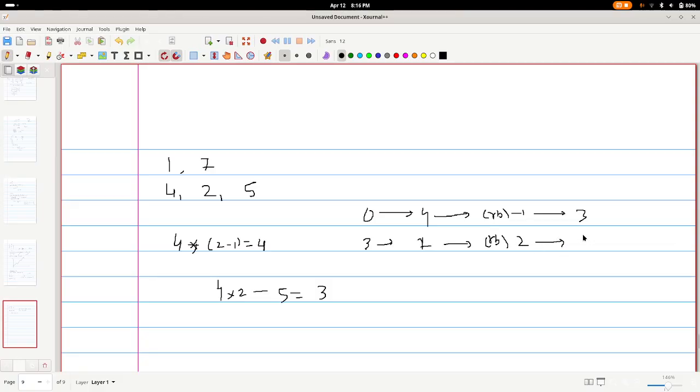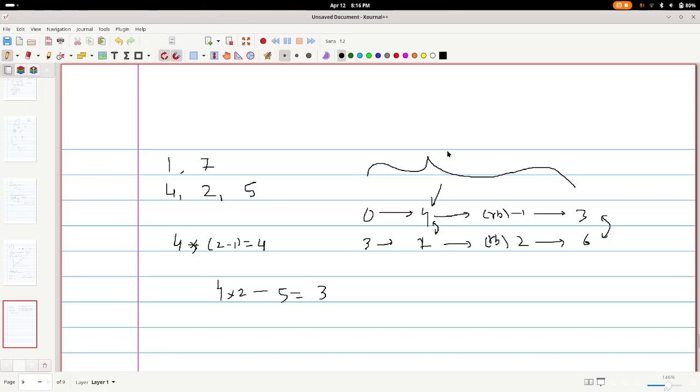And 2 plus 4 is 6. As you can see, there's a cycle being formed, and these are the peak positions in a cycle. Let's say this is a single cycle.